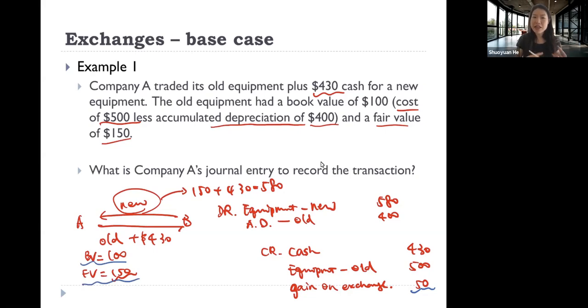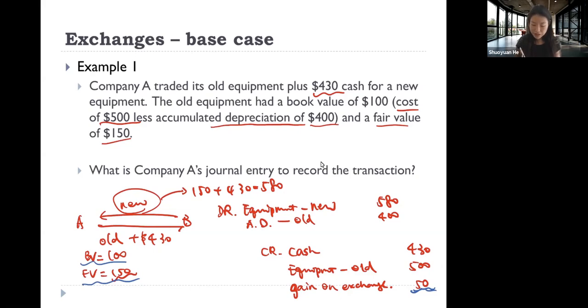But if it is exchanged for a new asset, and we readily know what the fair value is, and supposing this exchange has commercial substance, we're able to recognize the difference between fair and book value, which is 50.